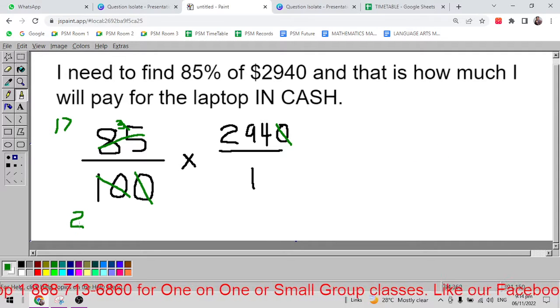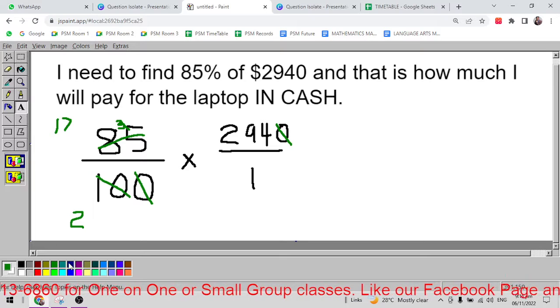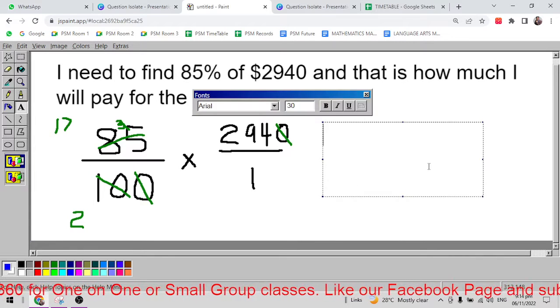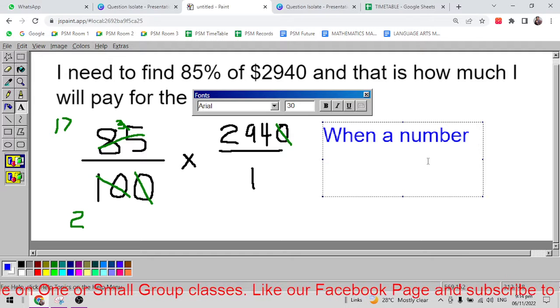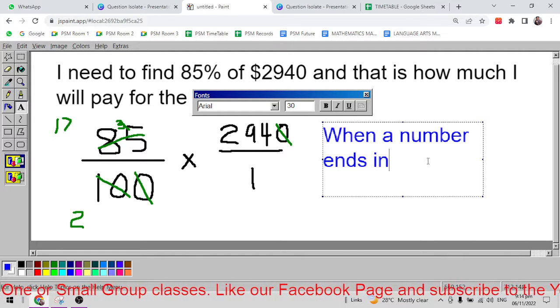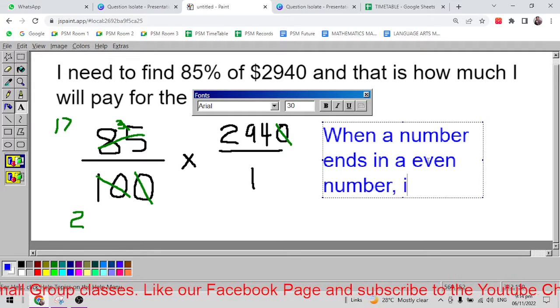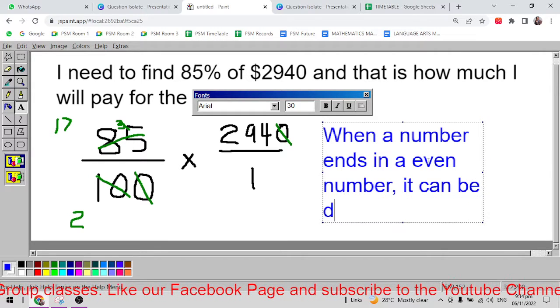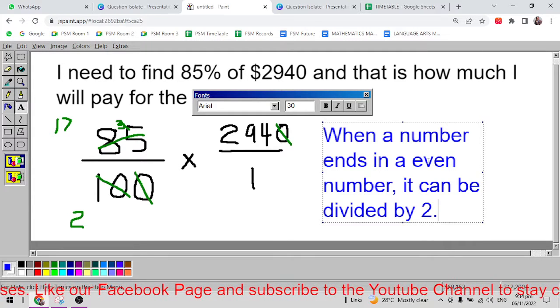Then I can say, hey, there's a 2 here and there's a 294 here. Then I can say this rule: when a number ends in an even number, it can be divided by 2 without a remainder.